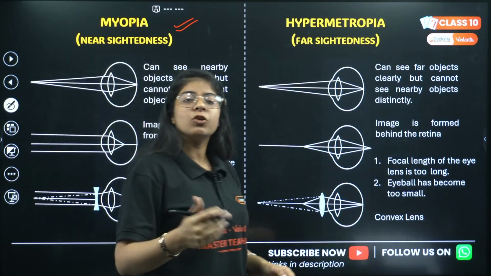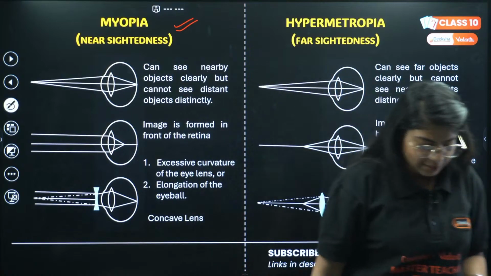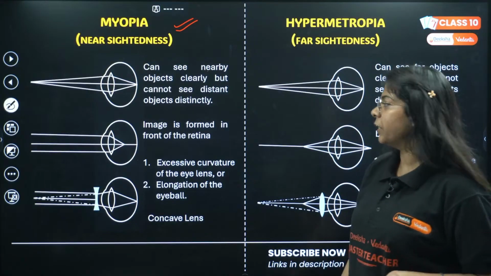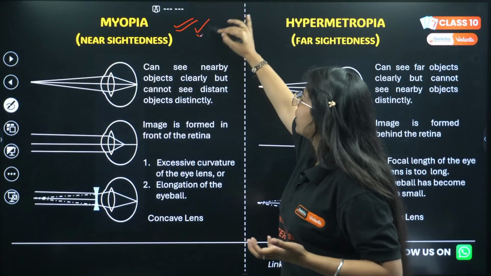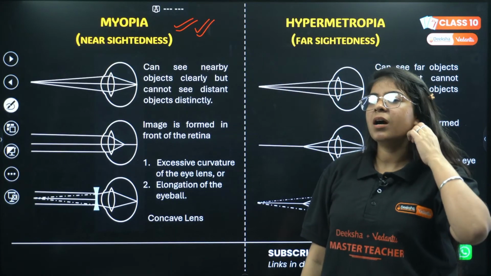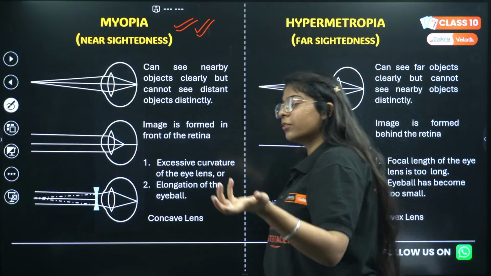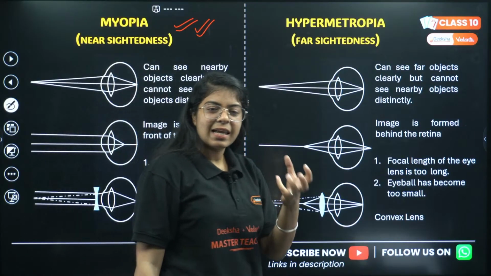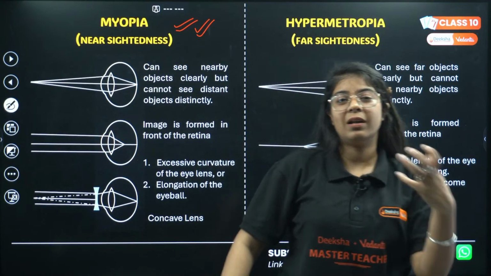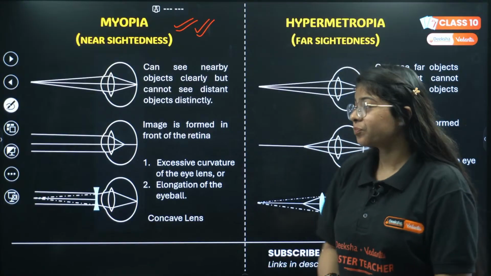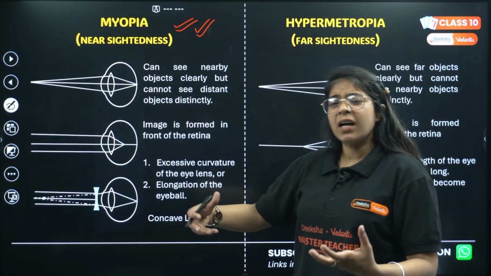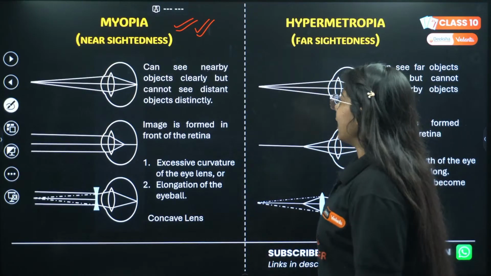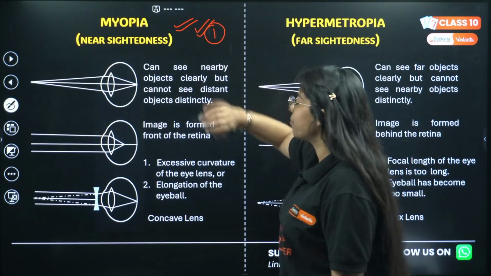A lot of young people do have myopia. Nowadays it might be increasing because we use a lot of phone and sit in front of screens a lot, so our lens doesn't get time to relax or contract properly. That is why we are getting eye defects a lot more than we used to.